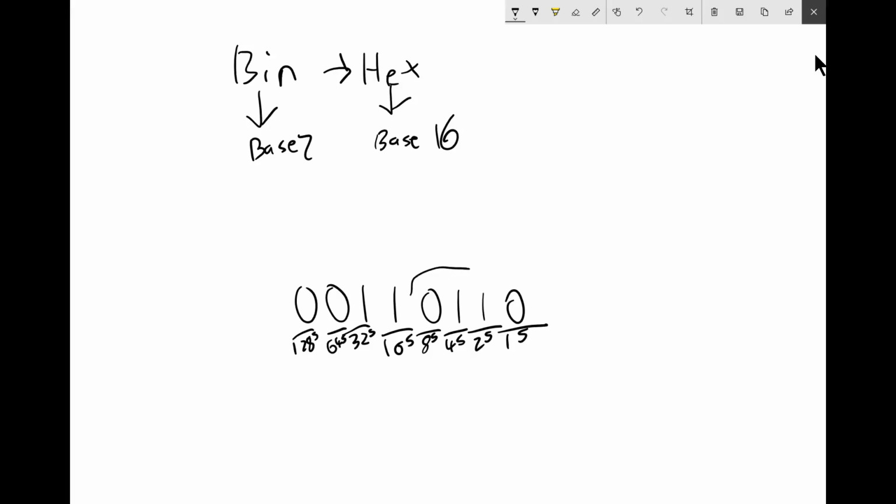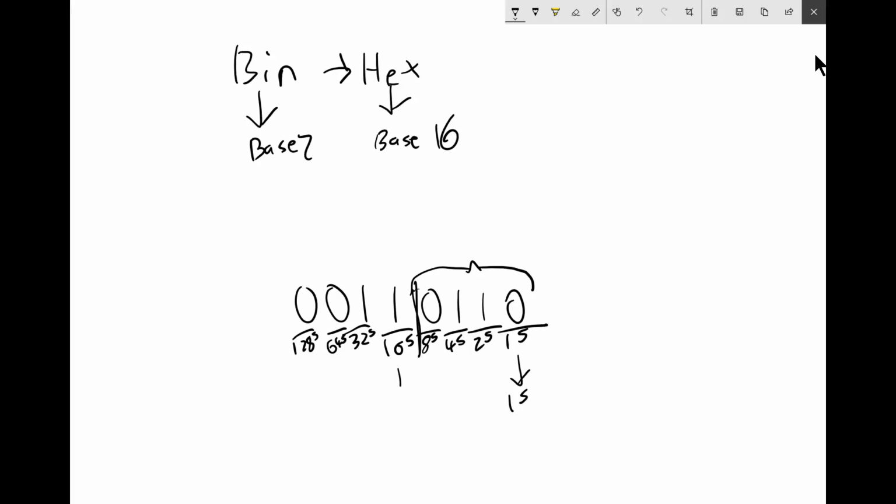If we look at just this one section, the 1s, 2s, 4s, and 8s, you might realize that you can have a total of 15. Let's count it up. 1 plus 2 is 3, plus 4 is 7, plus 8 is 15. So that means you can have exactly 15 1s, which makes converting in the base really easy.